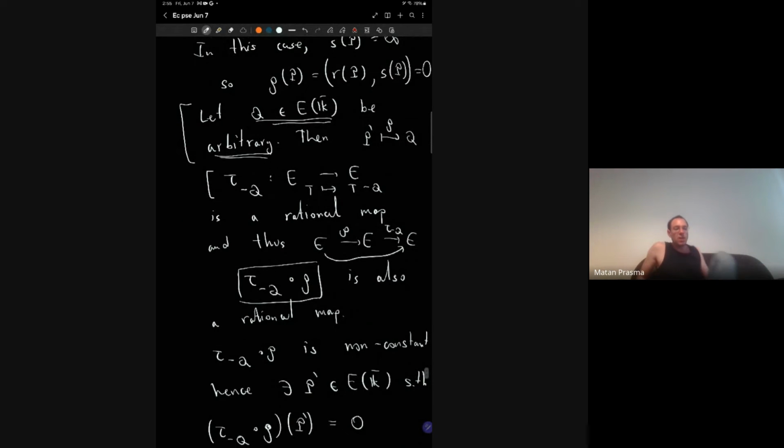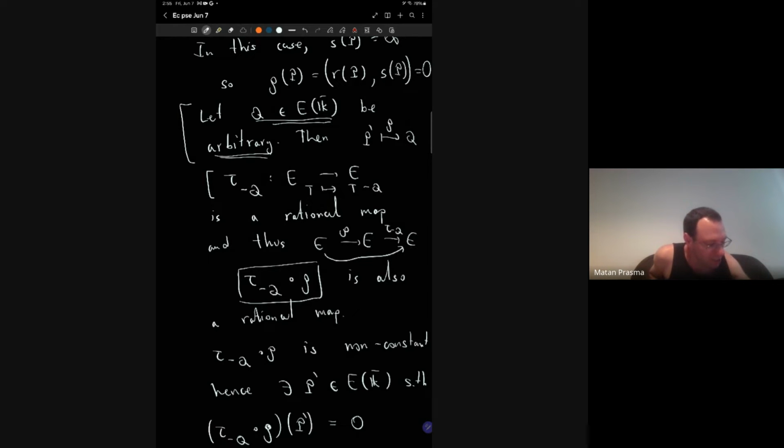Now this rational map cannot be constant. If it was constant, then rho was constant, right?